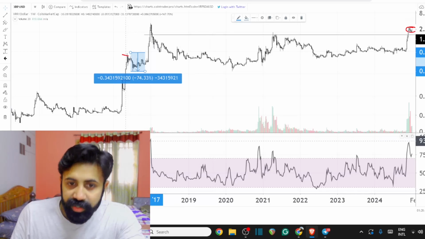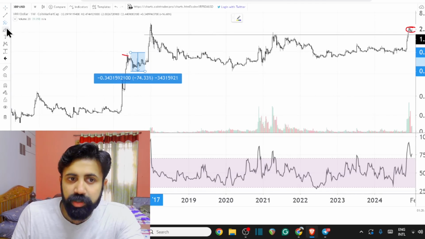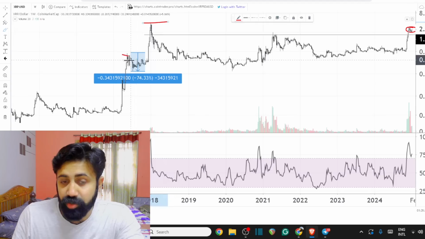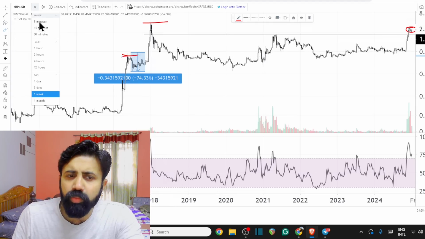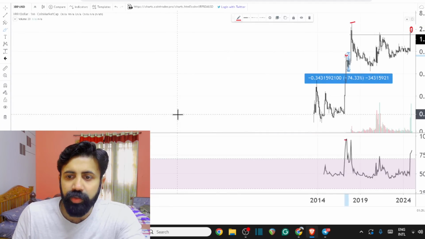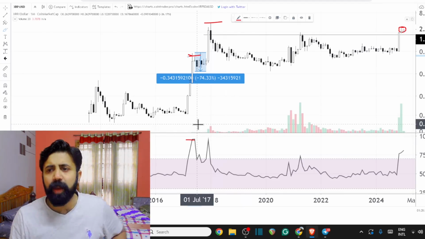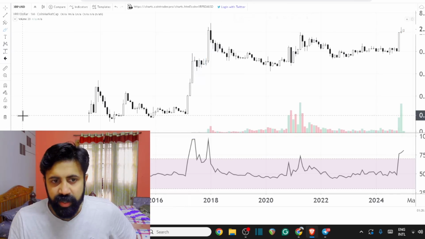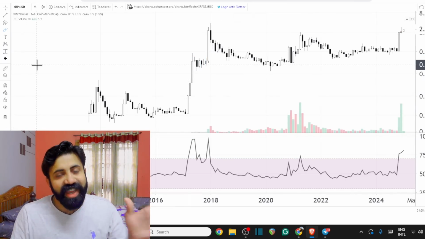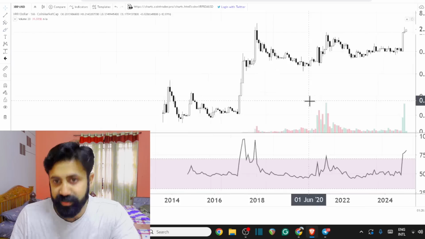Now, the next divergence again was arguing the fact that the price can drop. But what was different? If you look at the monthly, it was also showing you that the cycle top is in. So in XRP terms, what you're watching here is that it followed what the price action showed last time.